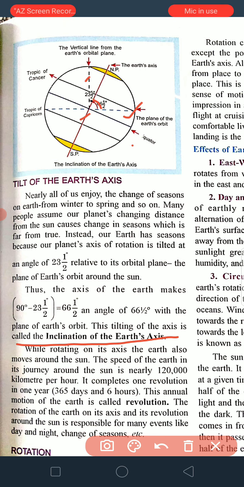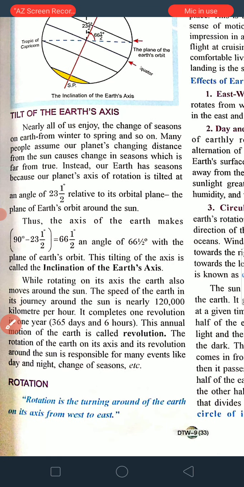It completes one revolution in 1 year, and this annual motion of the earth is called revolution. Rotation and revolution both together are responsible for many phenomena, many events taking place like day and night and change of seasons, etc.